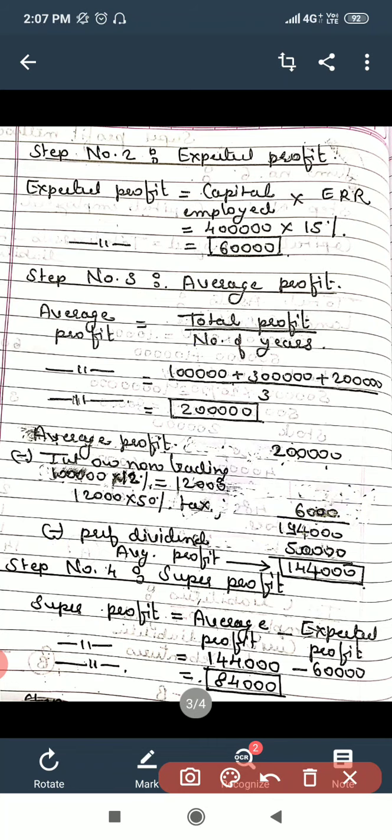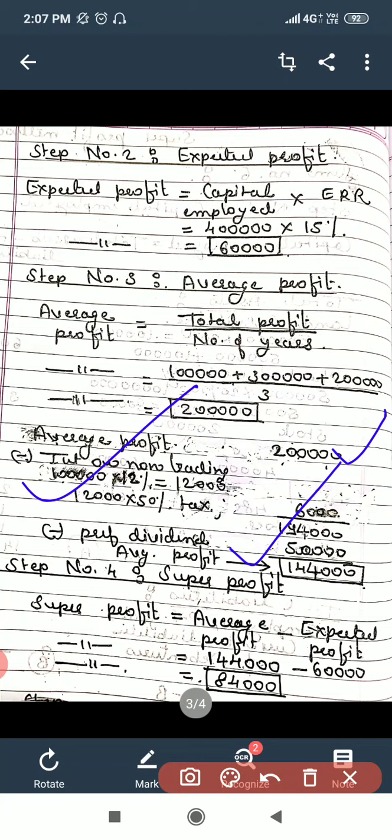So how many obligations here? Average profit minus interest on non-trading investment we have considered, but we have not considered over here the provision for taxation, because the profits which are being provided to us are after tax only. The next obligation which we have to obey is the preference dividend, and preference dividend we have calculated rupees 50,000.